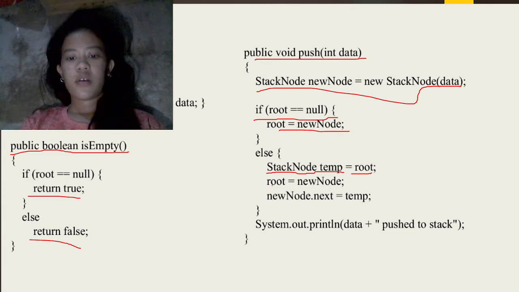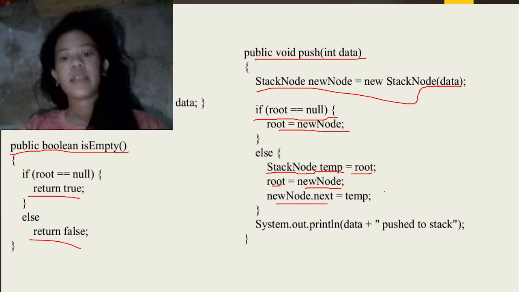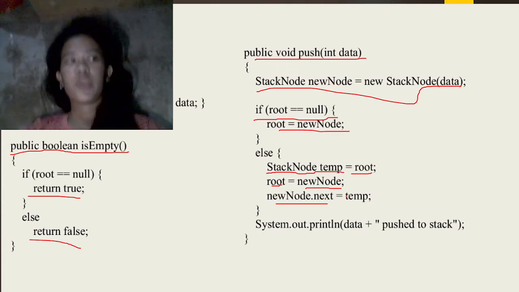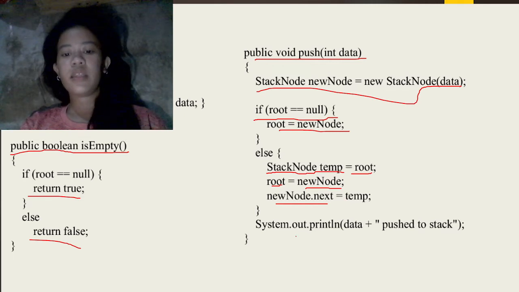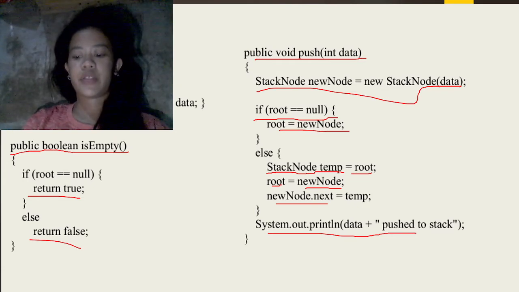So the root will be the new node, and then the new node will be the next node to be inserted with new data. And then here it will print the data that you have inserted.